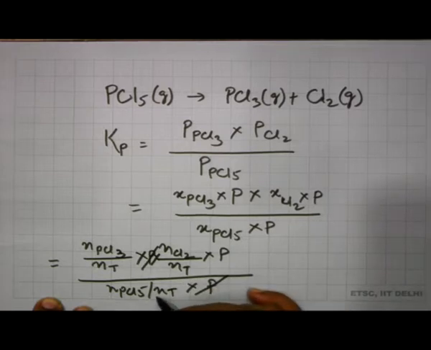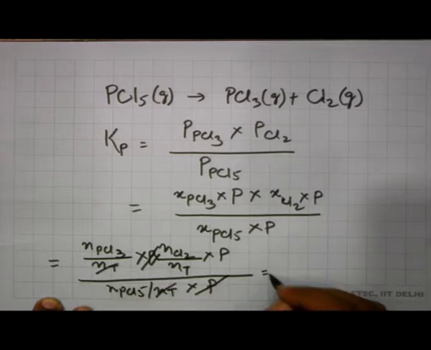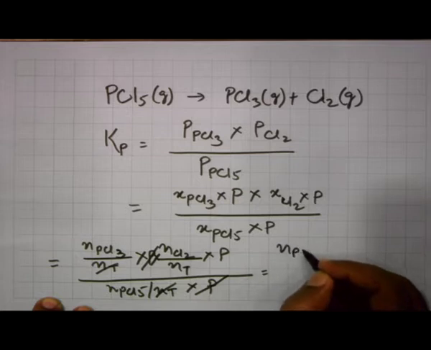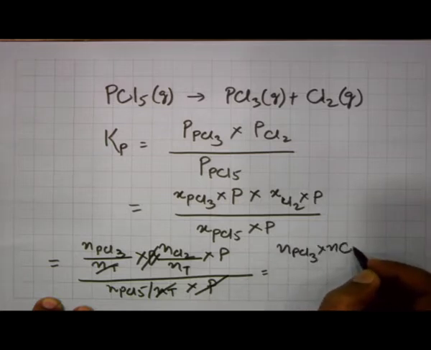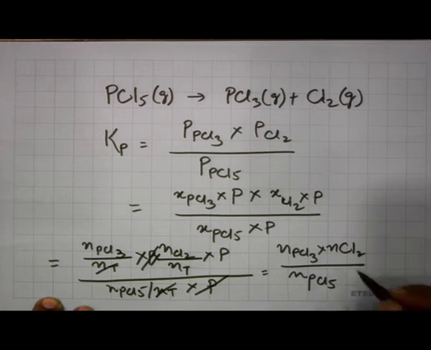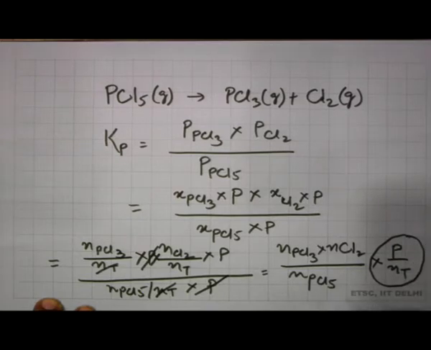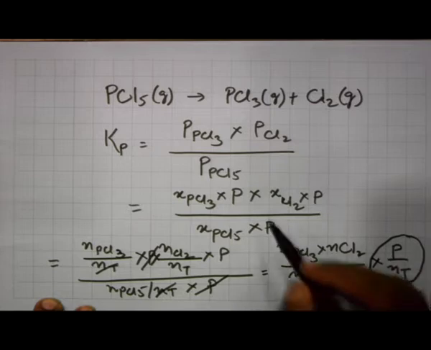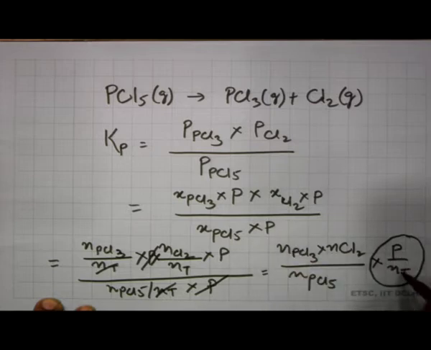One P cancels out, one Nt cancels out. We are left with N PCl3 times N Cl2 divided by N PCl5, and then one factor of pressure by Nt left. Now the direction will depend on whether P by Nt is increasing or decreasing.